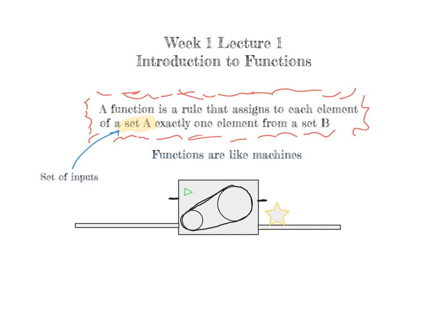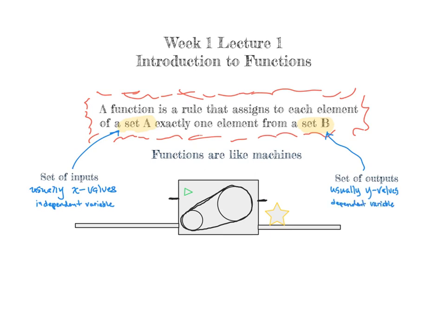The results, which belong to the second set, are called outputs. Though not necessary, it is convention to represent inputs by the variable x, which is also known as the independent variable, while y is typically used to represent the outputs, and that is referred to as the dependent variable, since of course it depends on what x is.